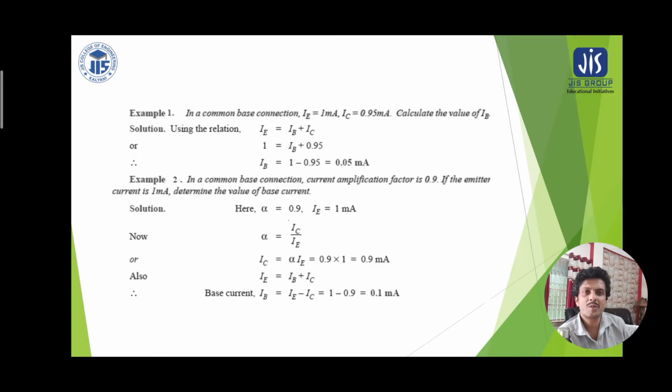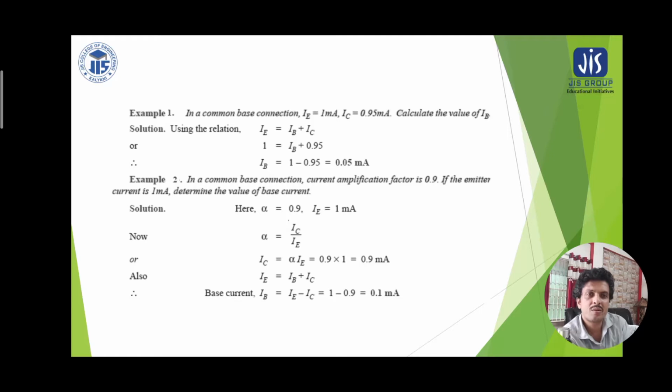In the second problem, it is showing that in a common base connection, current amplification factor is 0.9. If the emitter current is 1 milliampere, determine the value of the base current. So here alpha is equal to 0.9 and IE is equal to 1 milliampere. Therefore, alpha is equal to the ratio of the collector current and emitter current.